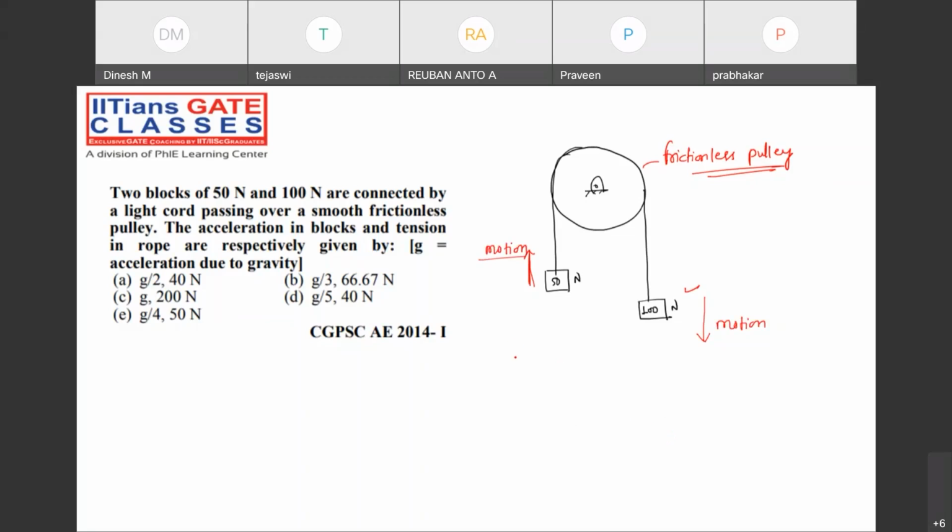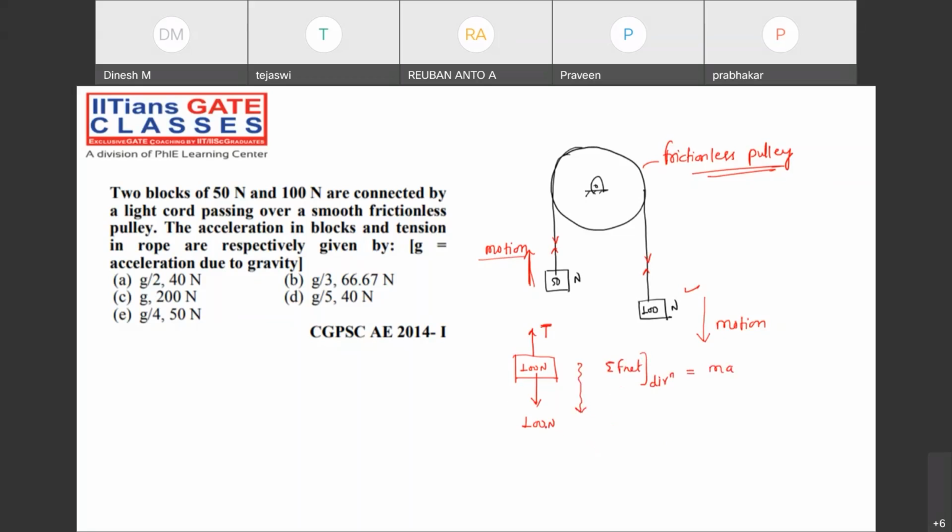Perfect. Try to draw the free body diagram for 100 Newton. The weight of the body acts in the downward direction. The tension force that has developed will be something like this. Now, the direction of motion is like this. Apply Newton's second law. The net force in the direction of motion must be equal to mass into acceleration.